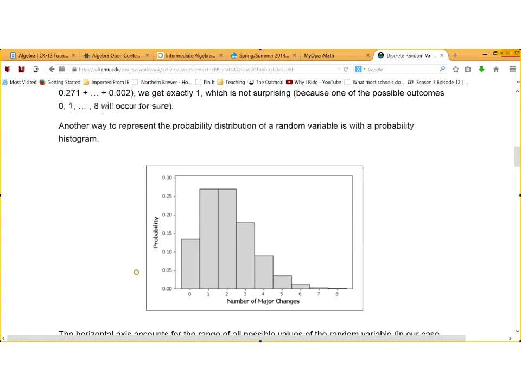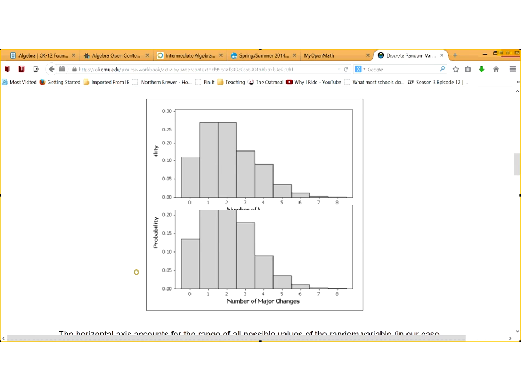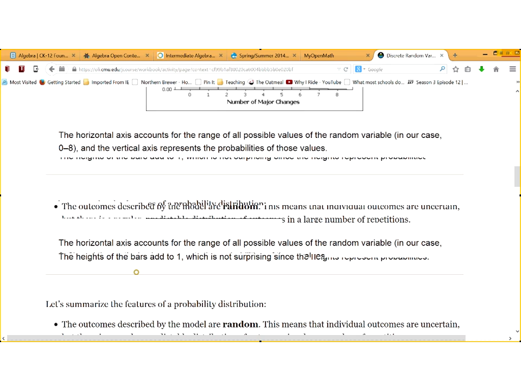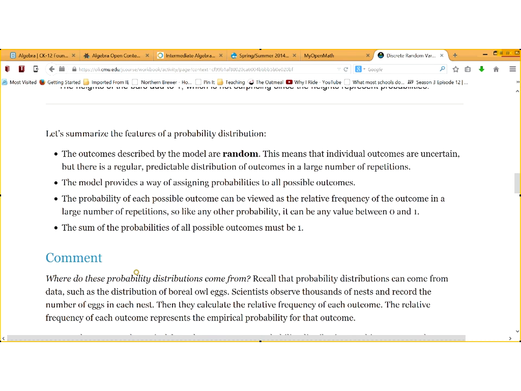And then they give what they call a probability histogram, where each bar has width 1, and then the height of the bar is the probability for that number of major changes. So the higher the bar, the higher the probability. So now, here's some features again, and these are very similar to what it was before.